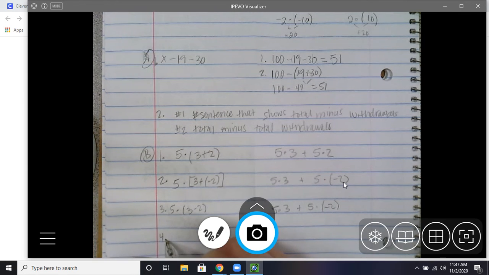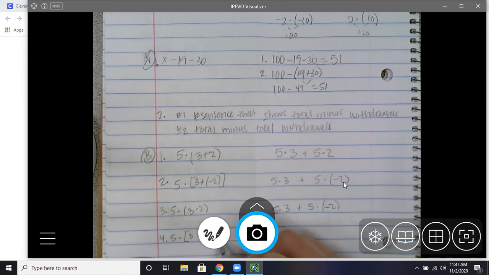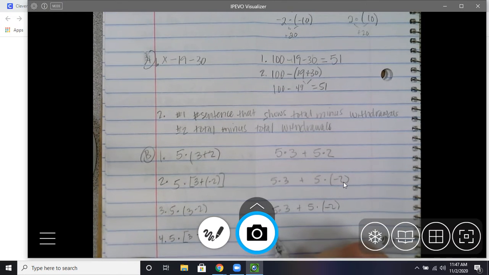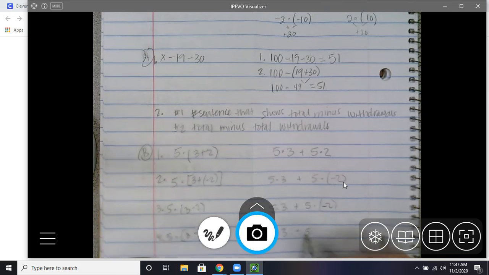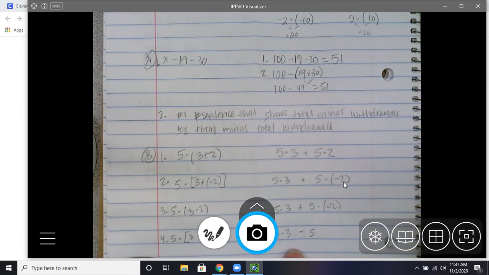And number 4, 5 times bracket 3 minus negative 2. So this would be 5 times 3 minus 5 times negative 2.